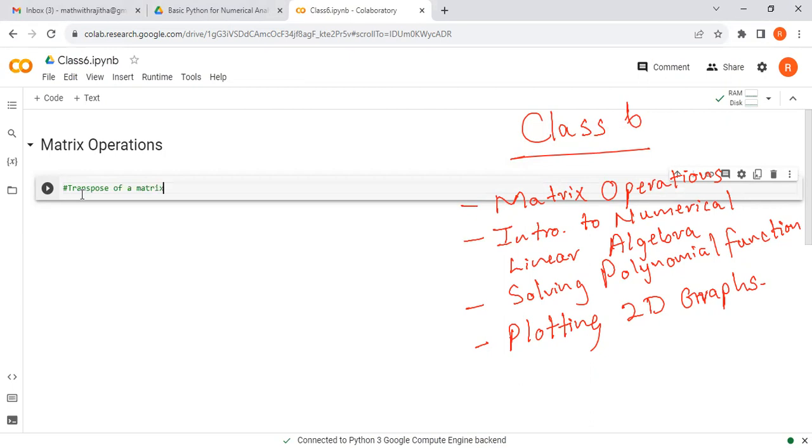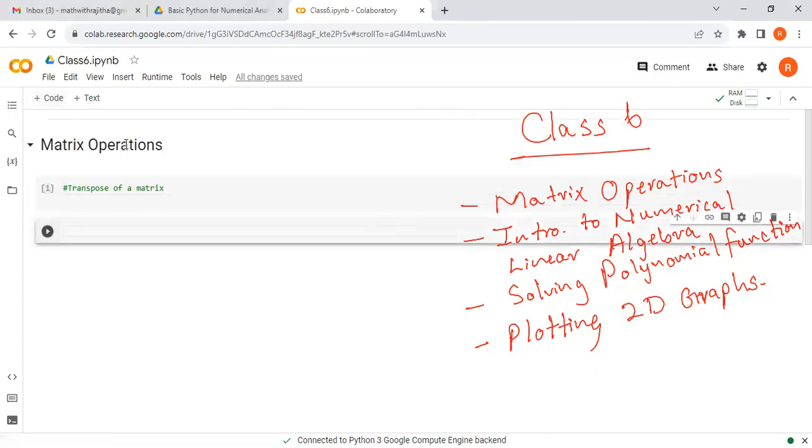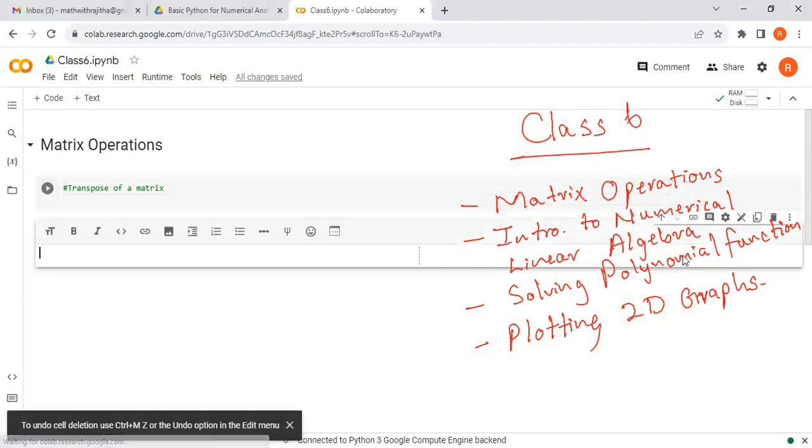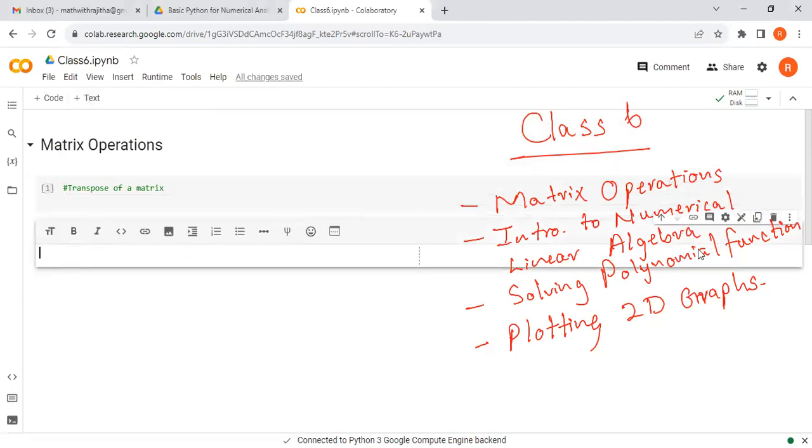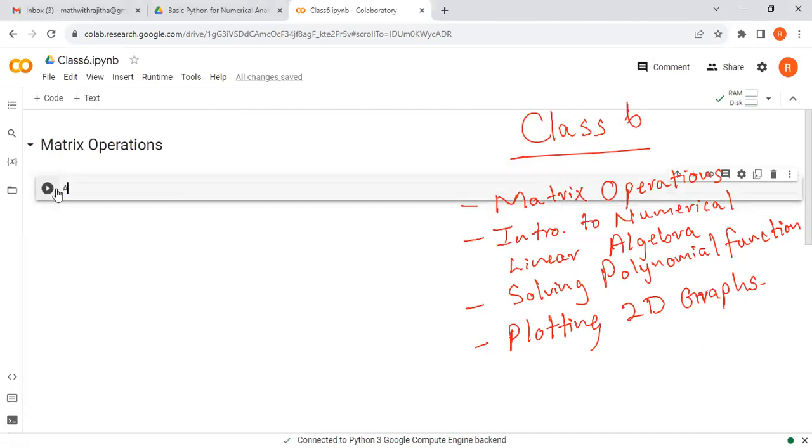First, let me define some matrix: a equals np.array, 1, 2, 3, 4.